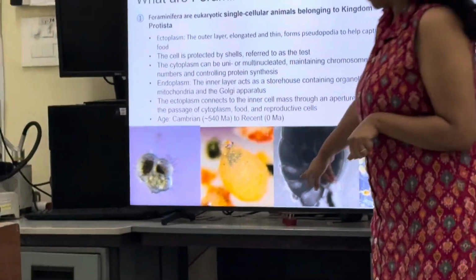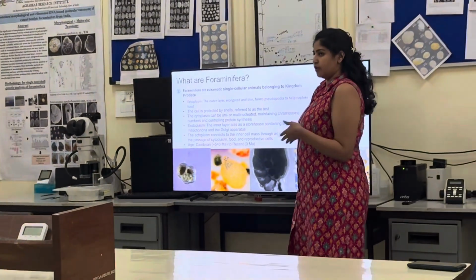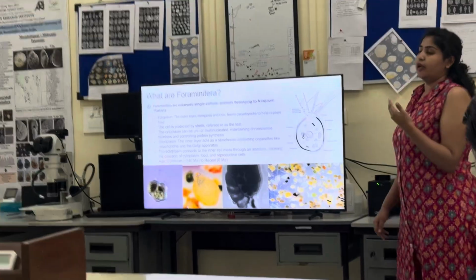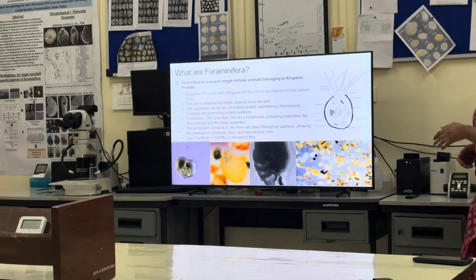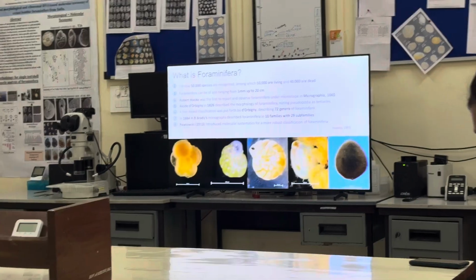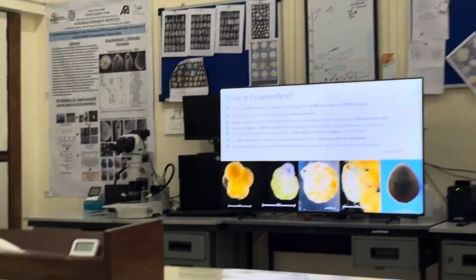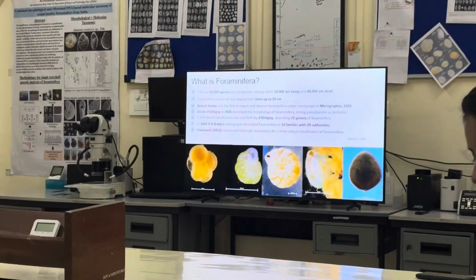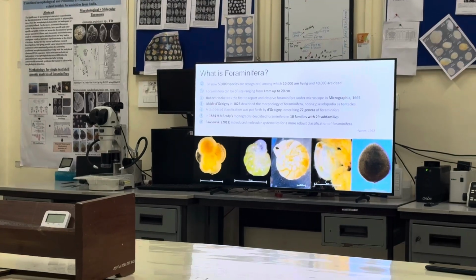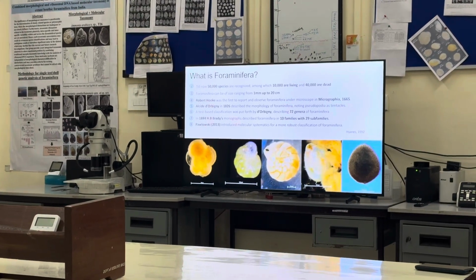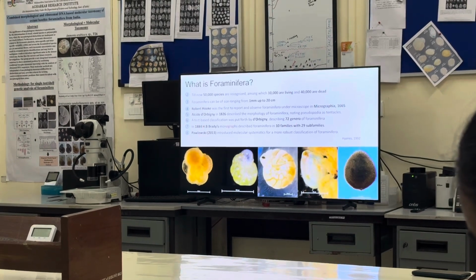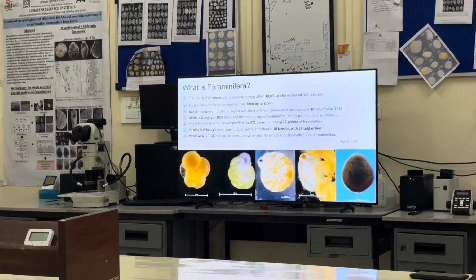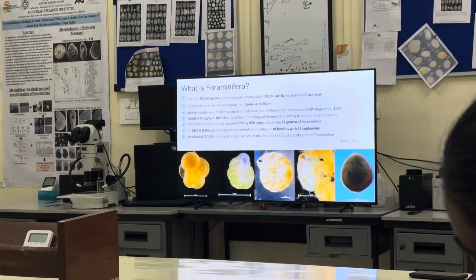This is how you find out that they were alive at the time you collected them, and it is how you maintain the culture in the laboratory. There are around 15,000 species of forams, of which about 10,000 are living and 40,000 are extant. I already explained that the size ranges from 64 microns up to around 500 microns, 1 mm, etc.